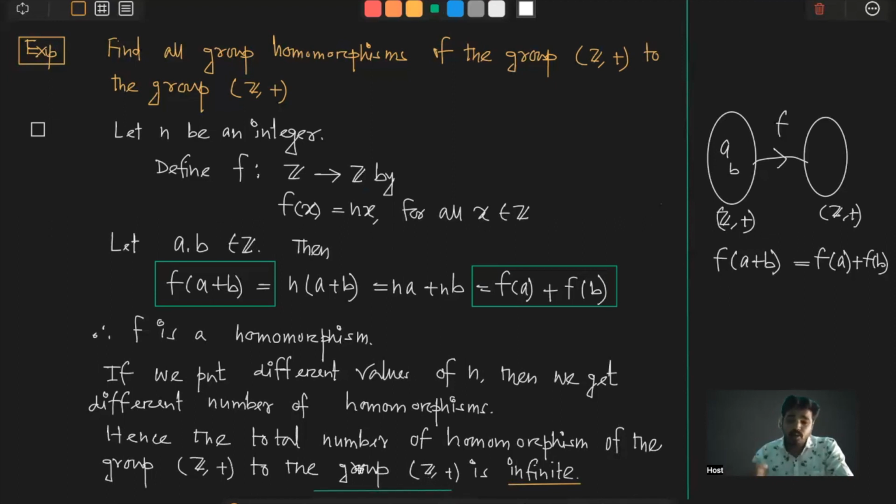Okay. So now we consider the next example.